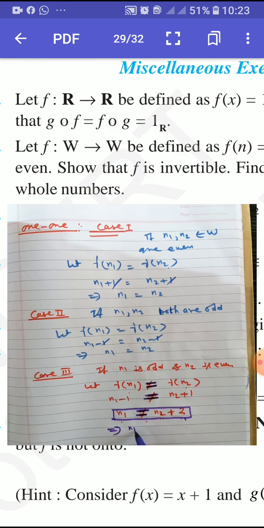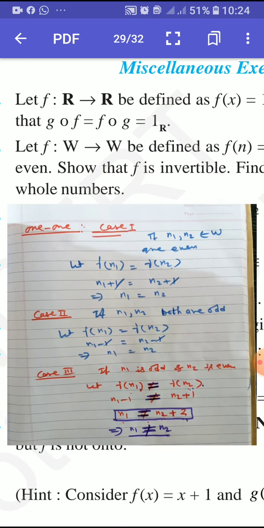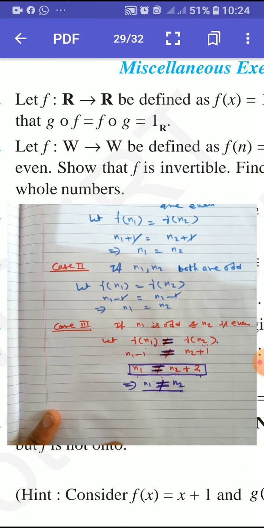This implies n1 is not equal to n2. Here you are putting the same image but the elements are different, so it indicates that the given function is one-one. Right?